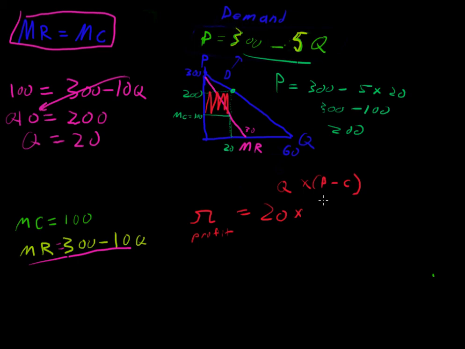It's very intuitive. It's the quantity times the difference between the price and the cost, which in this case we already solved for as 200 minus 100. And so the profit at the end of the day that he takes home is 20 times 100, or 2,000.